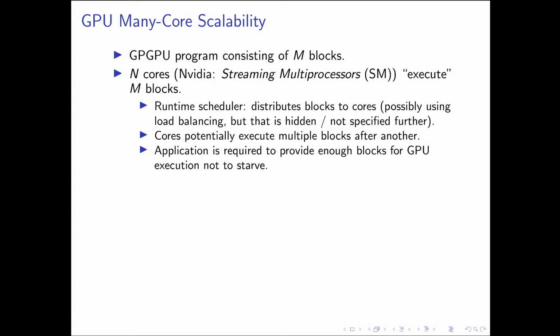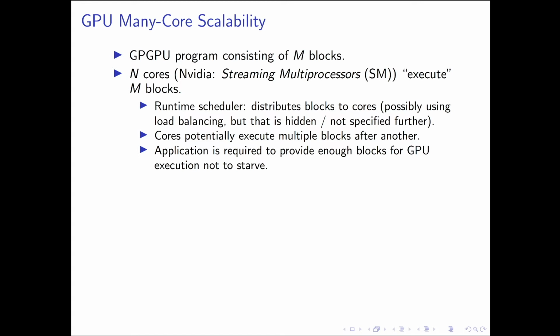And the very way that the workload is distributed to the actual cores is determined by the runtime scheduler, the warp scheduler. And this is very opaque. We don't actually know how this distribution is performed, and there's potentially also load balancing happening where the warp scheduler determines which blocks at which time should be scheduled on which cores.